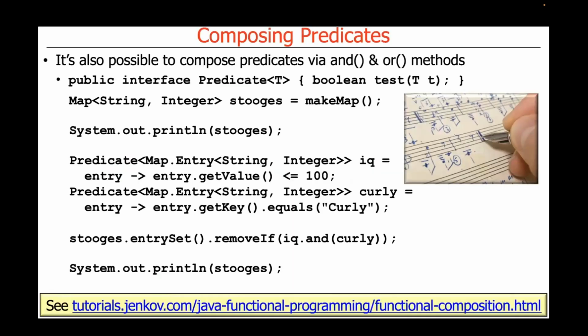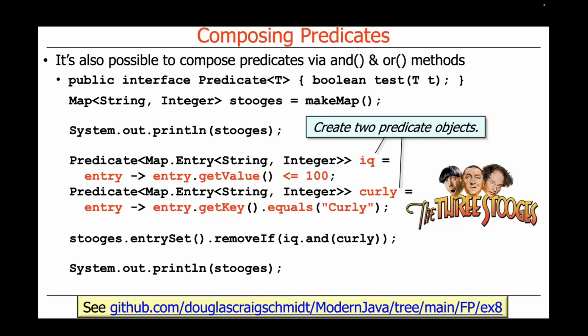One other thing you can do with predicates that's kind of cool is you can compose them together using and and or methods. So let's take a look at an example that illustrates this. So here we're going to create ourselves two predicate objects, and we're going to then and them together. So the first predicate object is going to check to see if the value of the entry is less than or equal to 100, just like we did before.